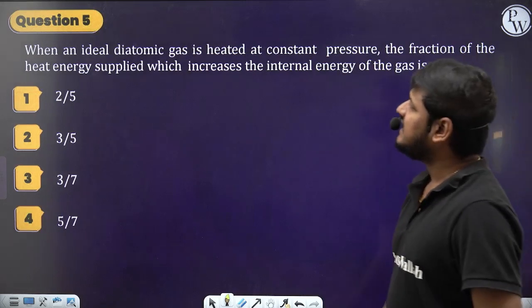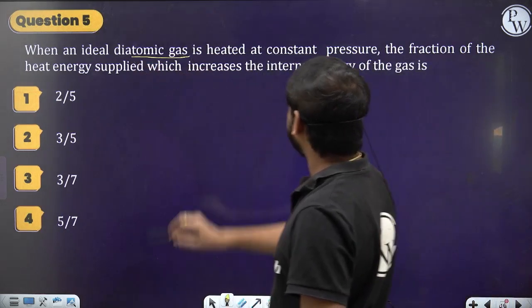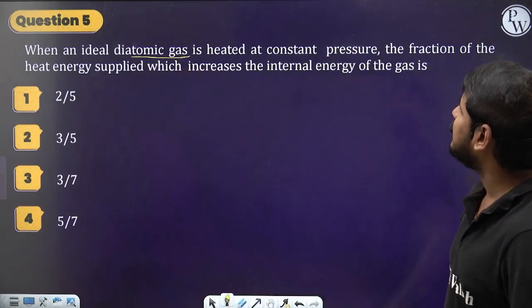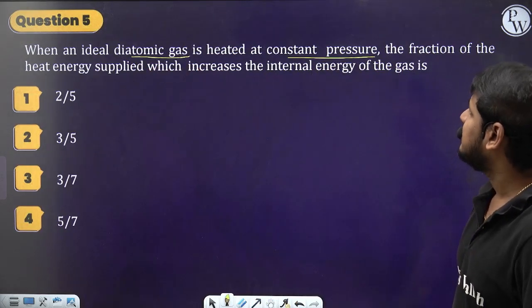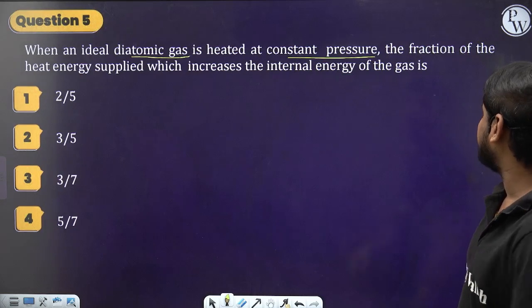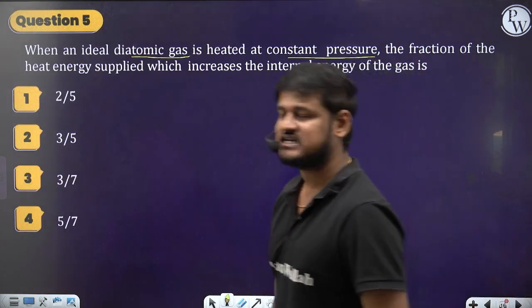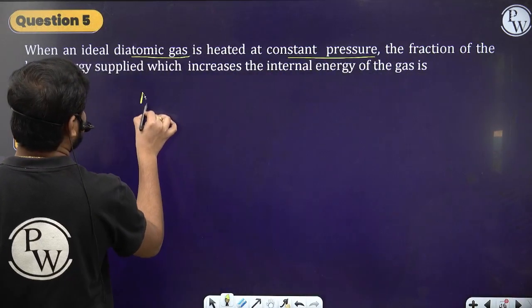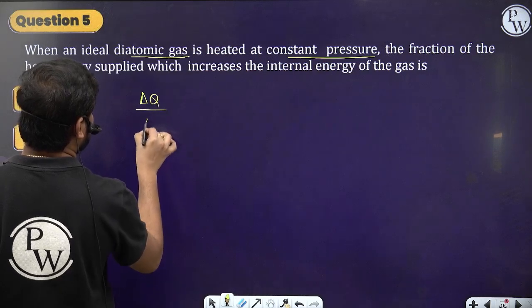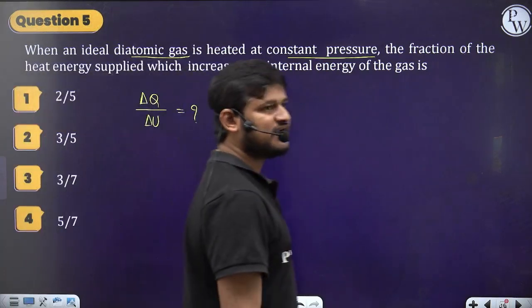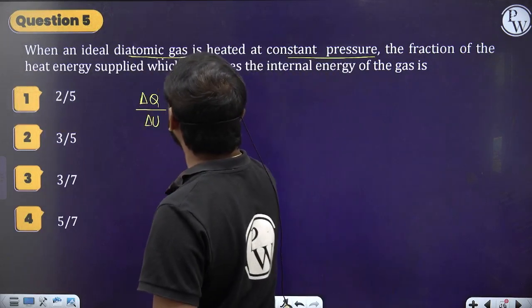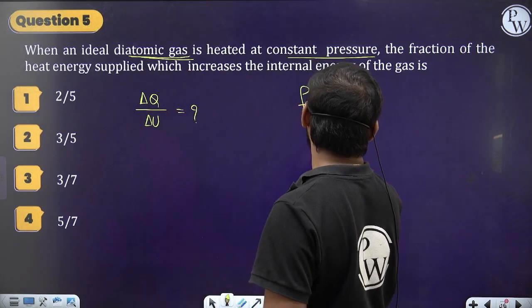Any difficulty? Nothing. Right? Chalo. So an ideal diatomic gas is heated at constant pressure. The fraction of heat energy which increases the internal energy. So that means you have to calculate ΔQ by ΔU. Can you guys do that? For the diatomic gas, f equals 5.